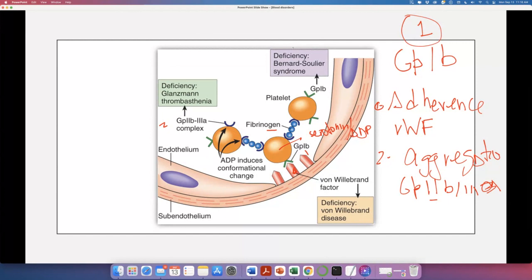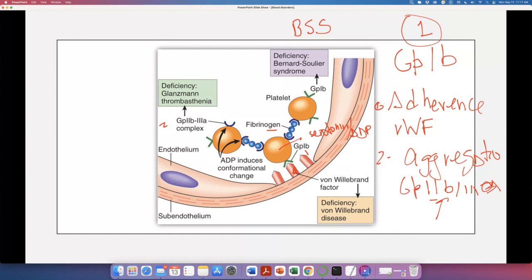In that case, we call it Bernard-Soulier syndrome, BSS. Or they may have problems in the aggregation of the platelets in this step, because they have a deficiency of the GP2B protein. If that's the case, we call it Glanzmann thrombasthenia.